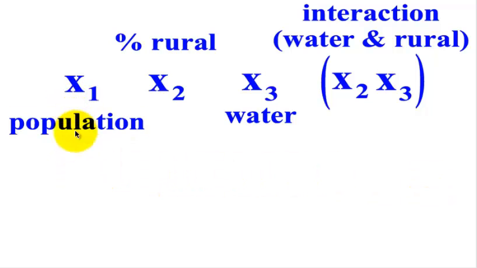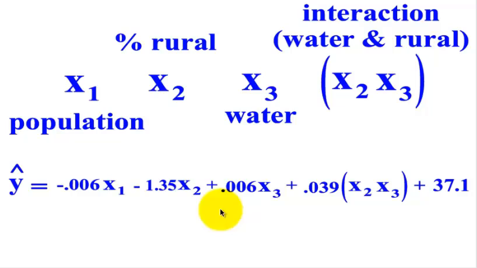X1 is the population variable. X2 is the percentage of the population that's rural variable. X3 is the cubic water variable. And this one, X2 times X3, that's an interaction term. Again, we're just pulling off the unstandardized B weights from SPSS from our final regression model, the one with the interaction. And this is what we get.